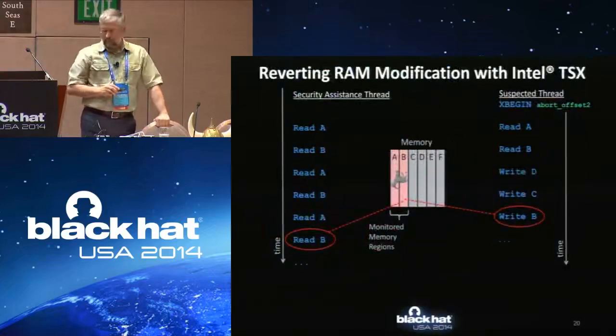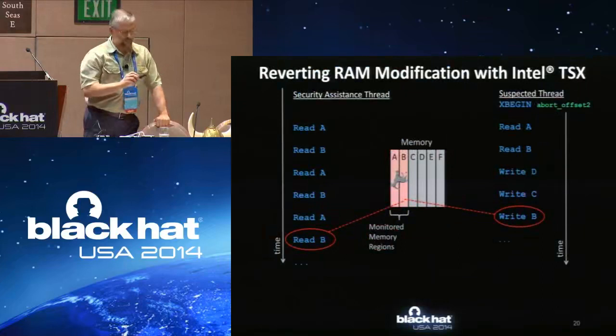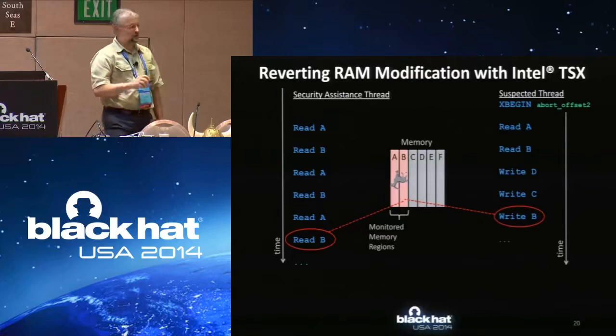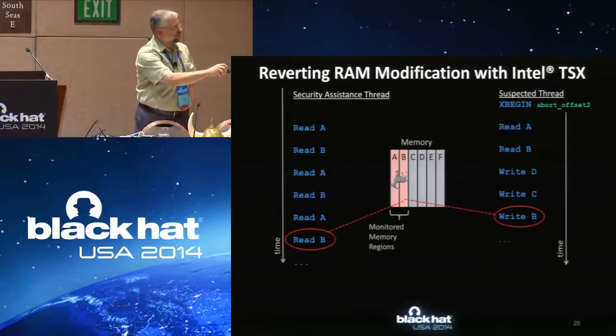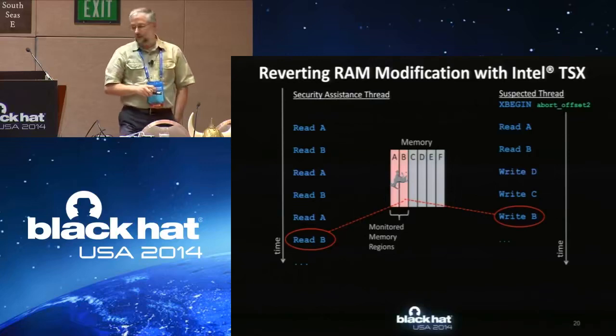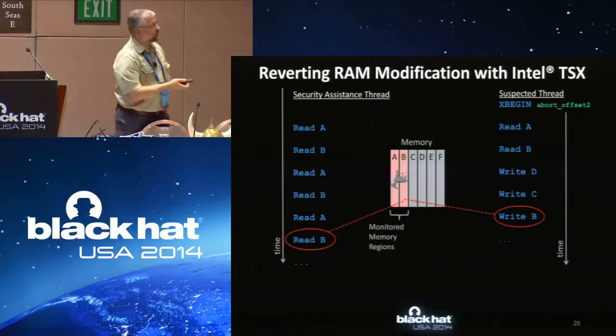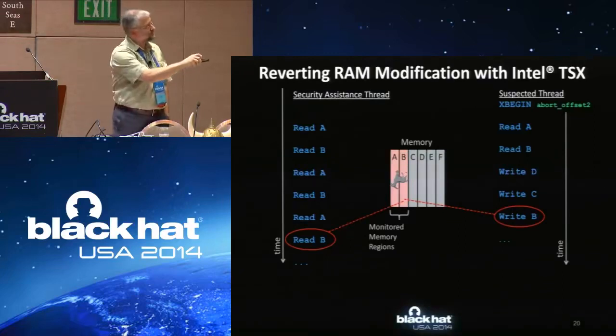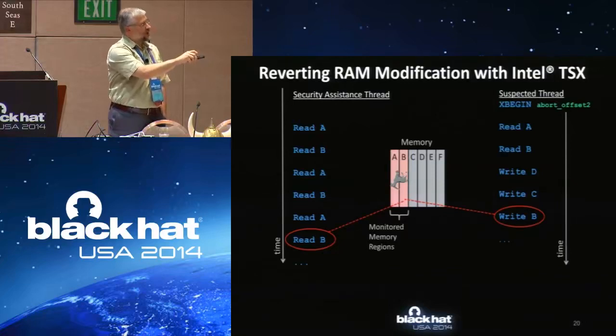So let's have a look at that. We do a very similar script with the only difference that now we want to protect these two memory locations, A and B. So two cache lines, you see that spider goat in here, protecting them both. And that's the memory regions that we want to monitor. So our thread, the first one, security assistance thread, is constantly reading from these locations.